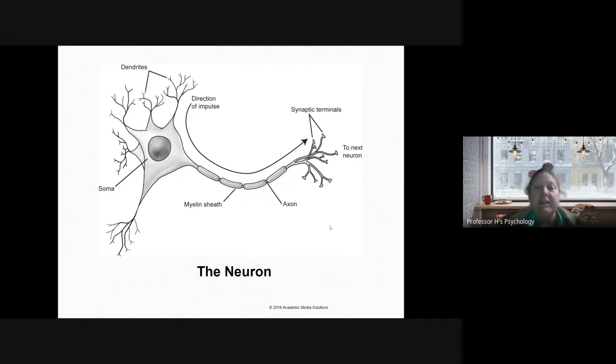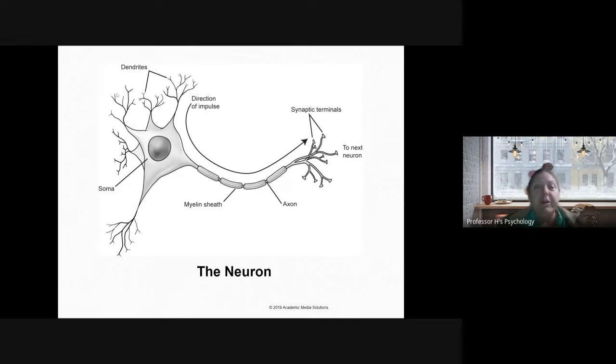So once again, we have our dendrites, which are these tree-like structures, and their purpose is to receive messages from upstream neurons. Neurons that are releasing their chemical messenger, called neurotransmitter, are going to float across and bind to receptors on these dendrites. On their little dendritic spines, there are little protein receptors.